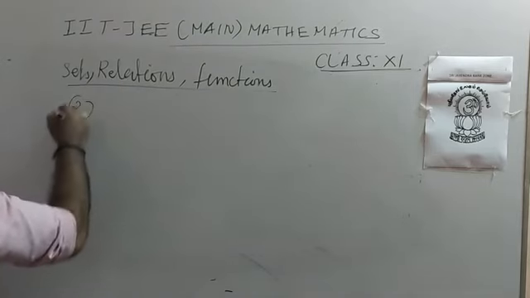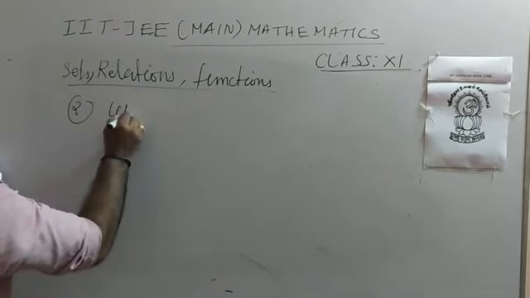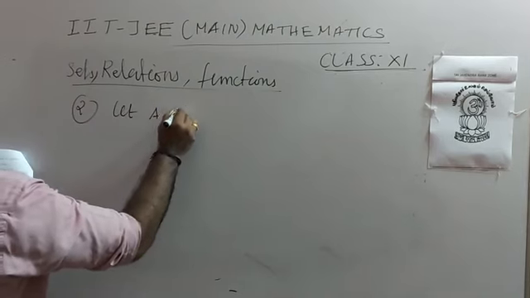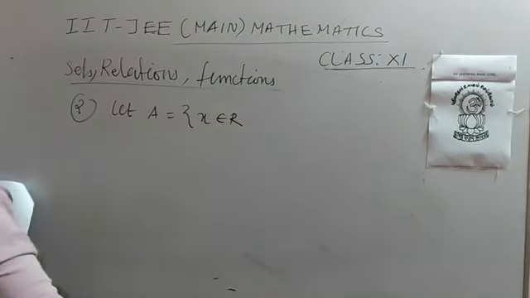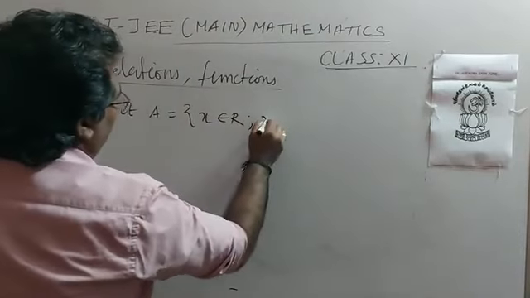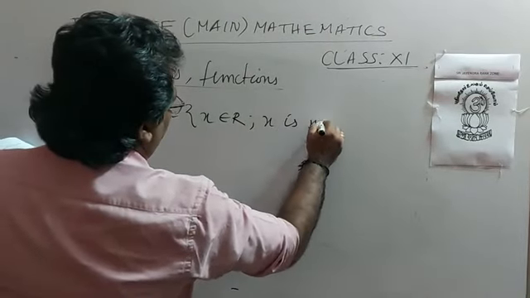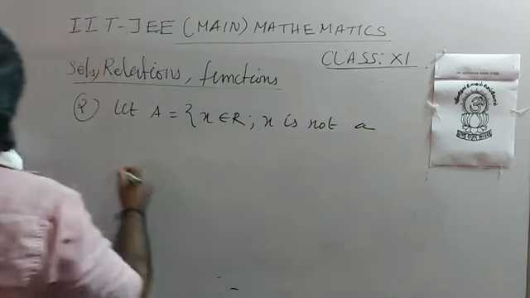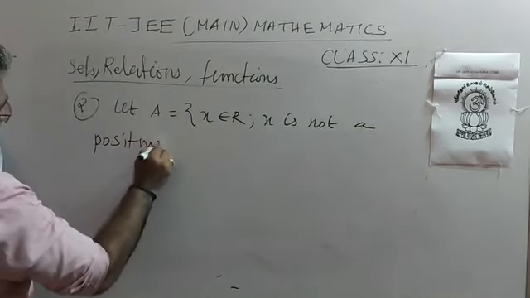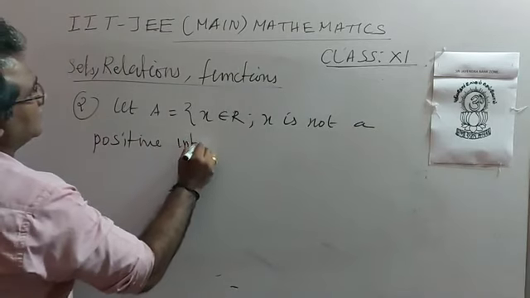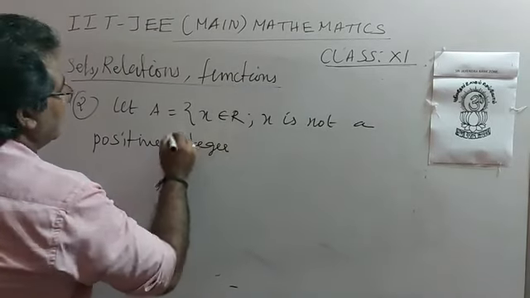Sum number 2. Let A be the set of all x belongs to R, x is not a positive integer.